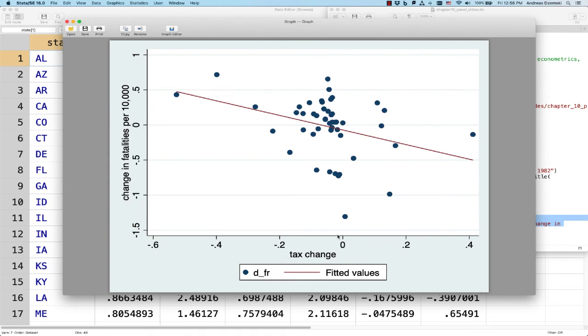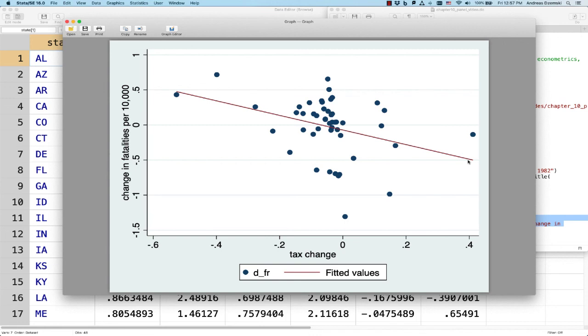As an example, suppose that whenever lawmakers propose legislation that increases the beer tax, they are also adding legislation to have more traffic stops to increase road safety. So if that were the case, then this downward sloping line would measure the causal effect of increasing the beer tax and simultaneously having more traffic stops.